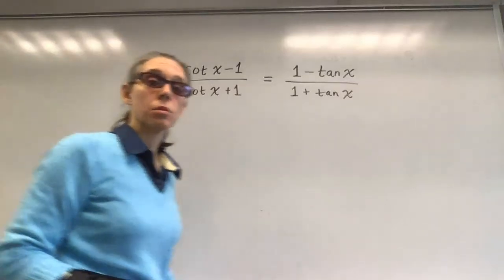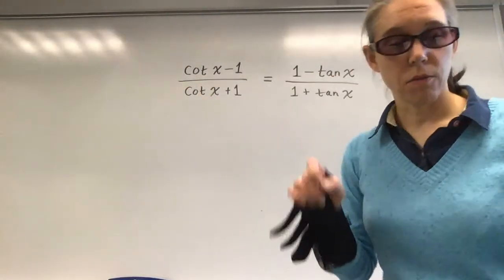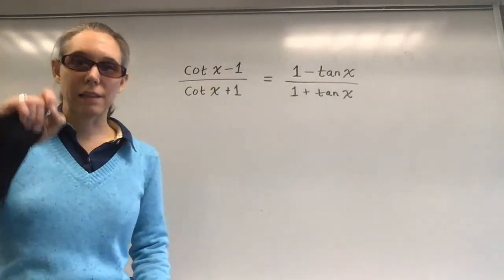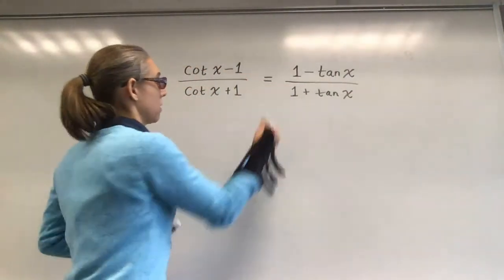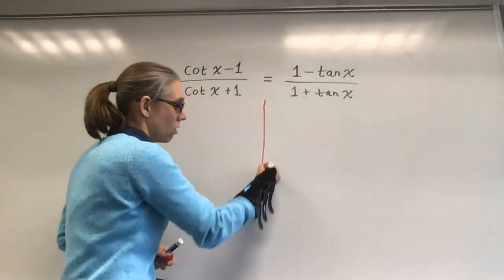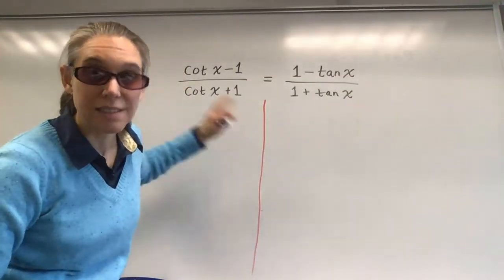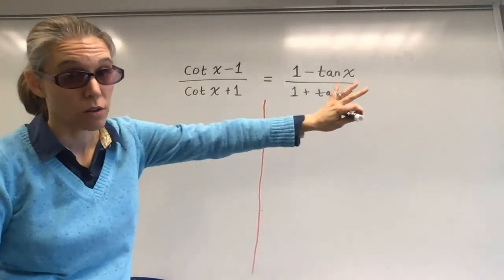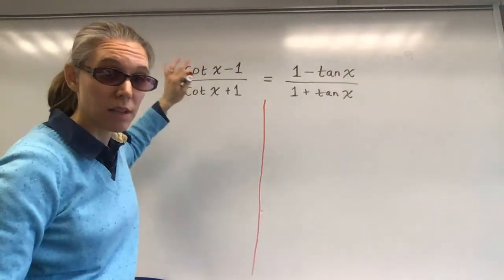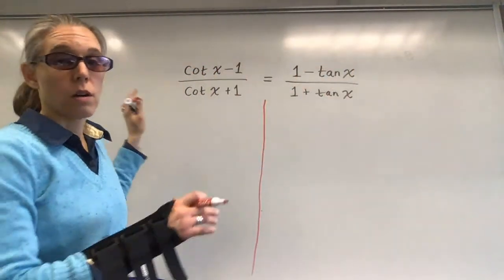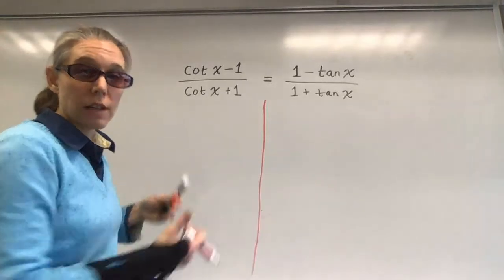If you're having trouble with proofs, the first piece of advice I would give you is to draw a line under the equal sign. Not only will this keep you from rewriting the equal sign, because this is not an equation to solve. You must somehow manipulate the left expression and the right expression, or one or the other, so that they look like each other.